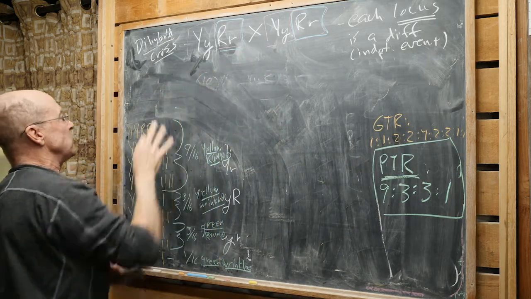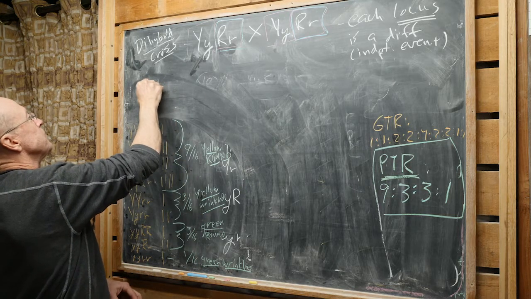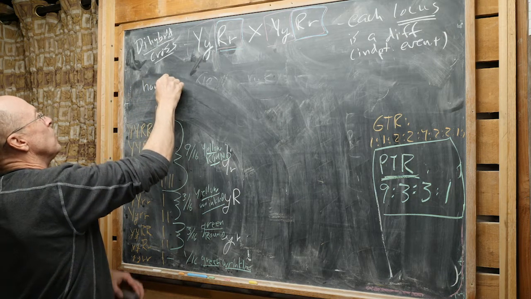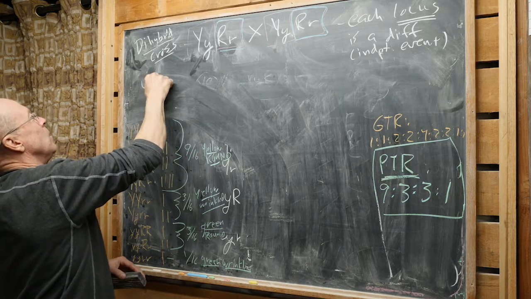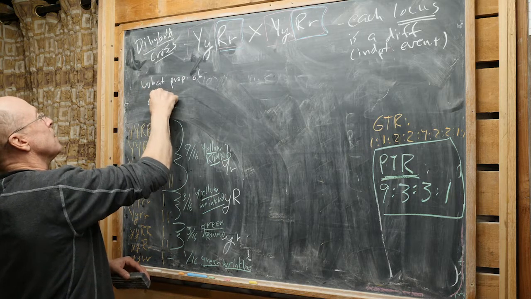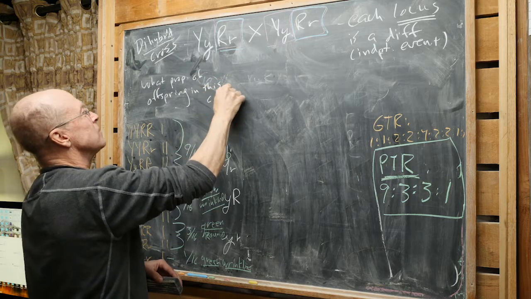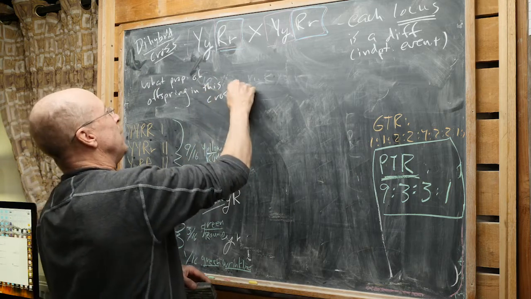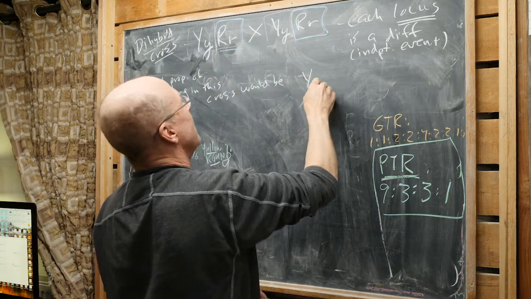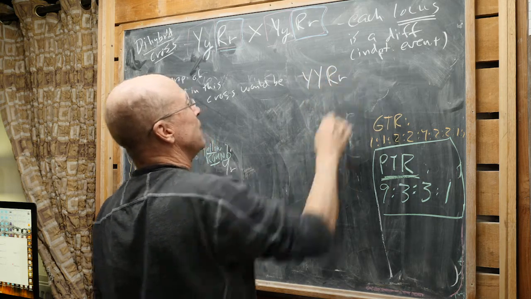So what we could do is start to work problems like this. For instance, I could ask the question without looking at this. What proportion of offspring in this cross would be big Y, big Y, big R, little r?